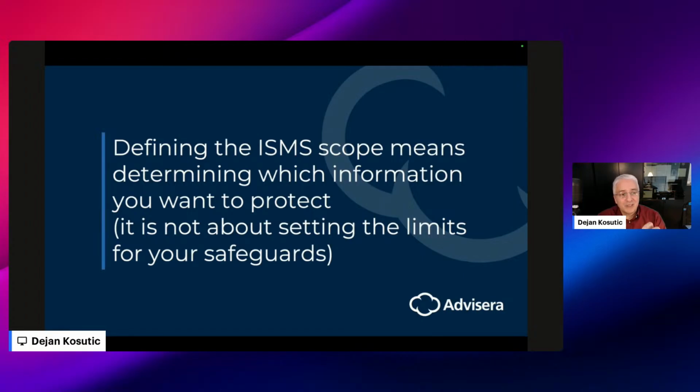Defining which controls you're going to use to protect your data comes later on in the project, and there is one slide where I'll show you these steps, in which step you define the scope, and in which step you define how to protect your data. But what is important to understand is that defining the scope is not about defining which controls you want to implement. It's rather defining what is your most sensitive data or information that you want to protect.